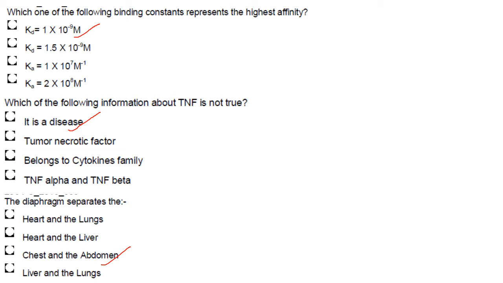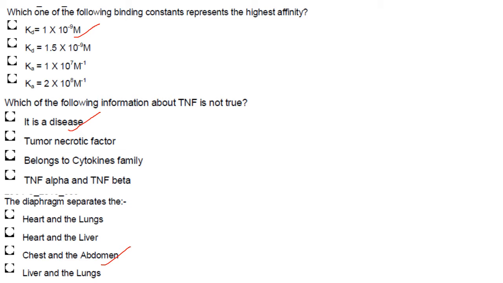So out of this, we have to choose the one with the smaller value of dissociation constant, because the smaller the dissociation constant, the more tightly bound the ligand is to the target and the higher the affinity between the ligand and its target. So the first one, that is Kd equal to 1 into 10 raised to minus 9 molar, is the correct answer. That is the one which is having the smaller Kd value.